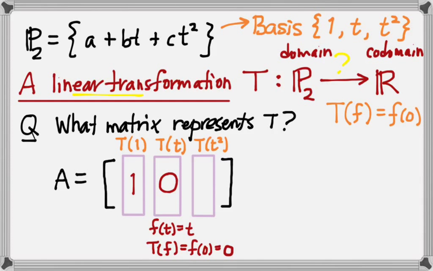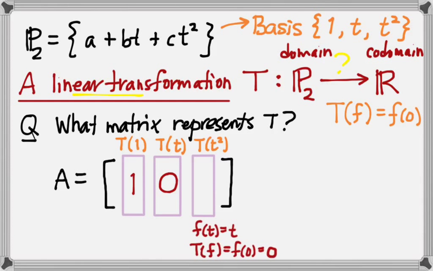So the second column of my matrix is 0. And finally, for the third column, f of t equals t squared. So when I put a 0 in for t, I get 0. There we go. And so there's a matrix that represents this linear transformation with respect to the basis that we chose.